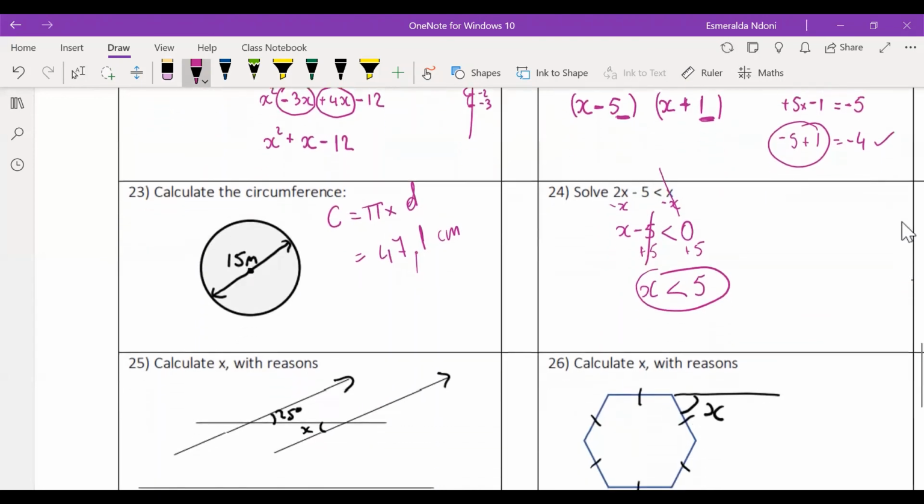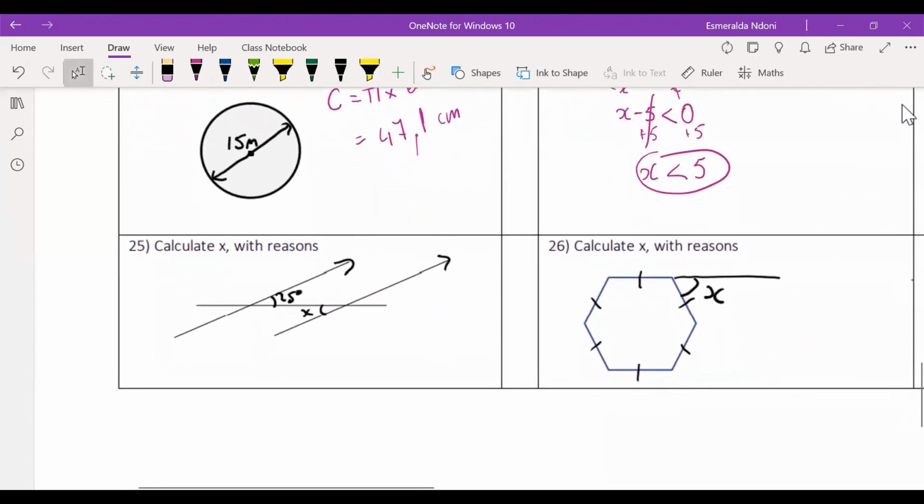Okay, moving on to question 25. We have to calculate x with reasons. Now, these are angles on parallel lines. We have opposite angles, but this is not on parallel lines. This is just when they are like that. But in our case, we need to look for z angles, c angles, and f angles.